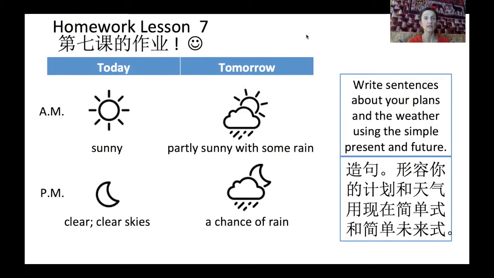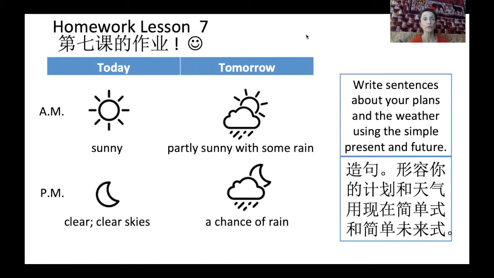第7课的作业. And as you see, we have some pictures about weather, sunny weather, rainy weather, and you were supposed to 造句, write some sentences, 形容你的计划和天气. And so you're going to write about your plans and the weather, so both things.